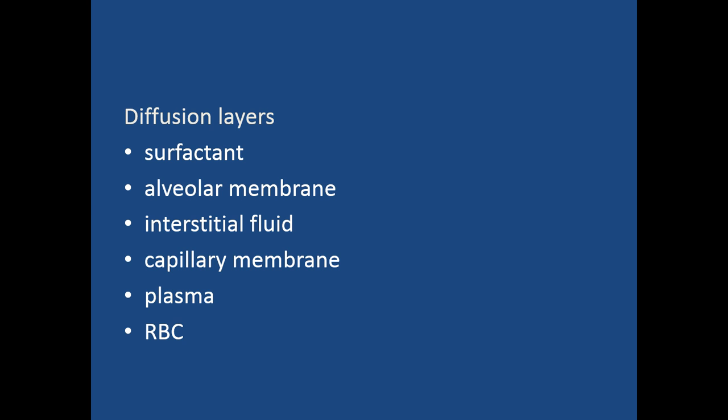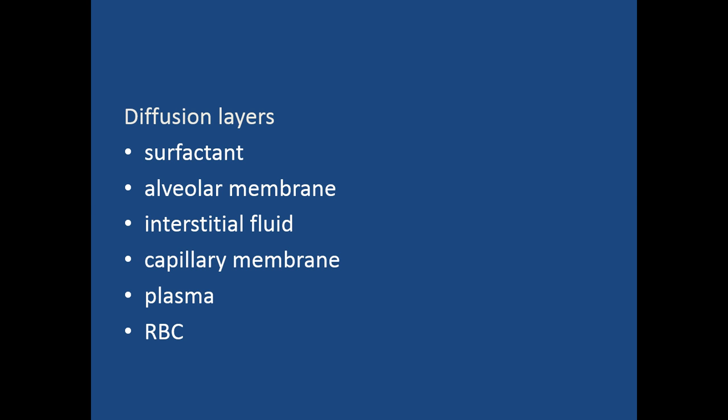Now when we think about gas exchange, we also have to think about how many layers of tissue the gases have to go through. So we're going inner to outer here. We're starting inside the alveoli and going into the bloodstream to the red blood cell, which again, of course we know is going to carry the oxygen to the body's tissues. So think of yourself taking in a deep breath.